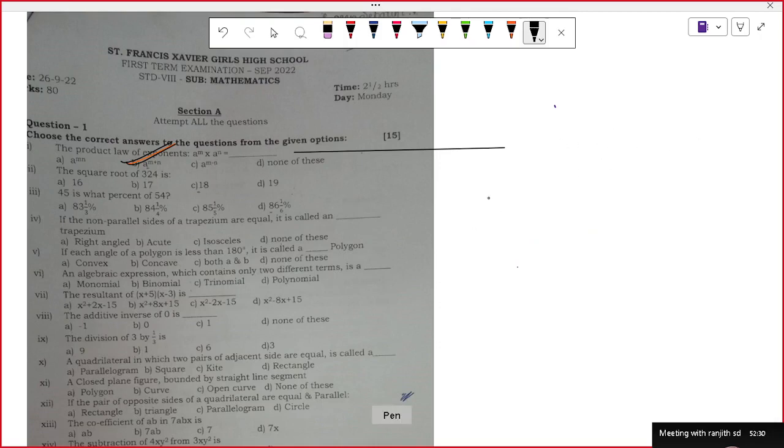Next question. Find the square root of 324. What's the square root? 17, sir. No, 17 into 17 is 289. Sorry, sir, 18. I'll give you a hint, students.